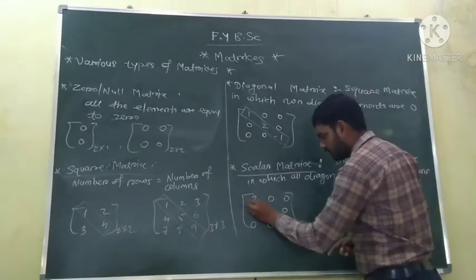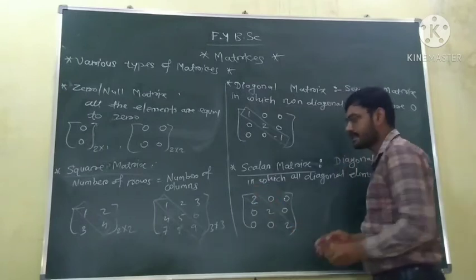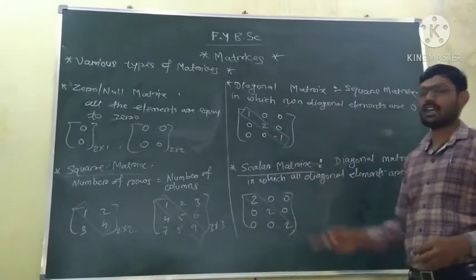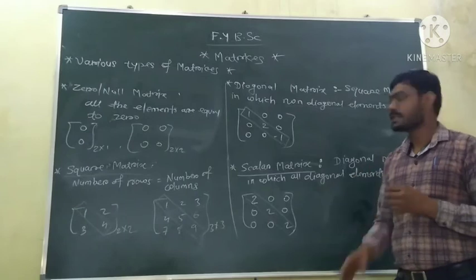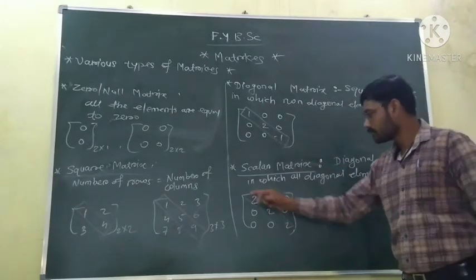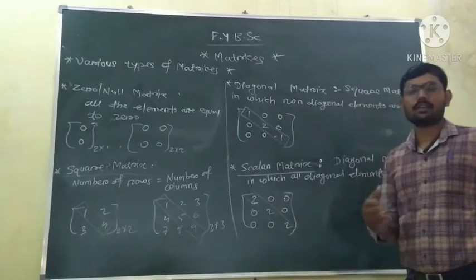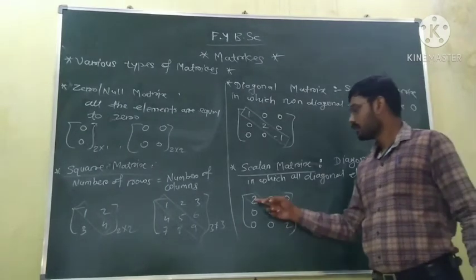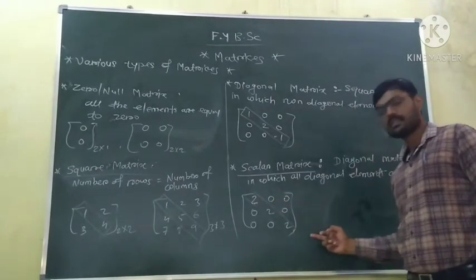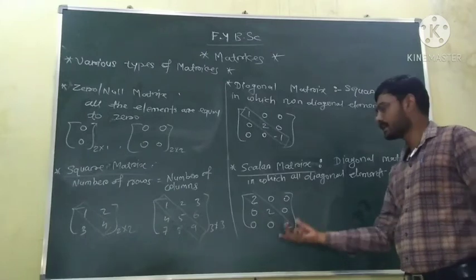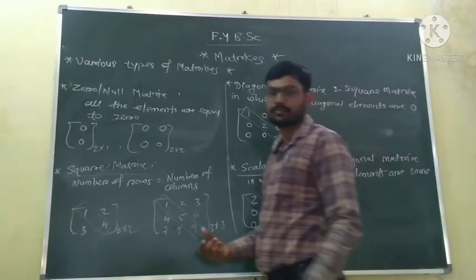Such a matrix is called a scalar matrix. So a scalar matrix means a diagonal matrix in which all the diagonal elements are equal. If all the elements in the diagonal are 2, then the matrix is said to be a scalar matrix.